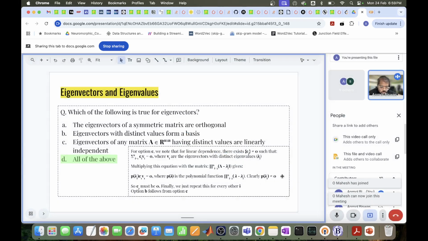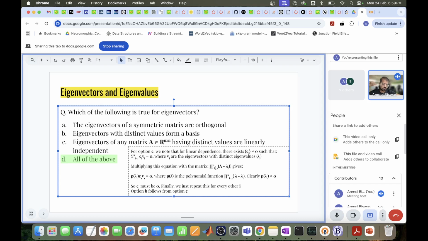So p of lambda 1 is not equal to 0, which means that c1 must be 0, because only then will we get the 0 vector over here, right? So that shows it for c1, and then you can repeatedly apply the same method again and again, right?